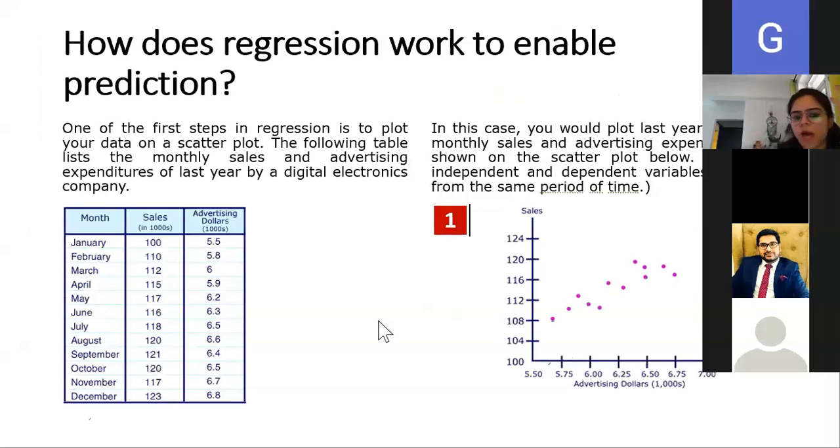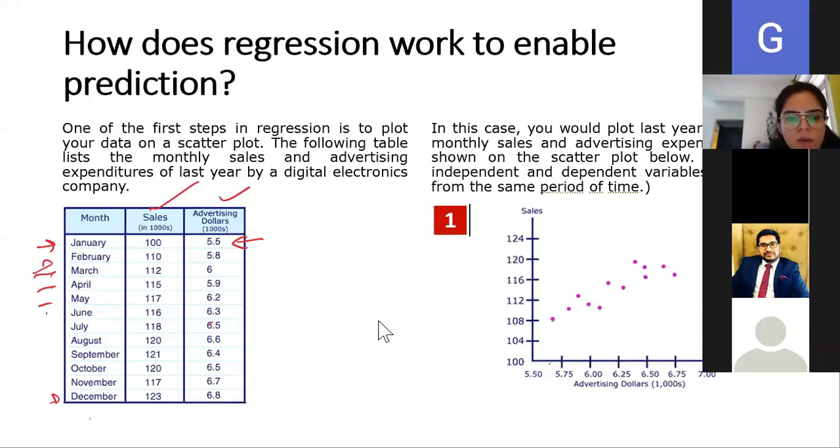For example, you have sales figures and advertising dollars for January. In January your sales were $100,000 and you spent 5.5 on advertisement. Similarly for February, March, April, May, June, you have all these numbers, how much sales happened and how much you spent on advertisement.